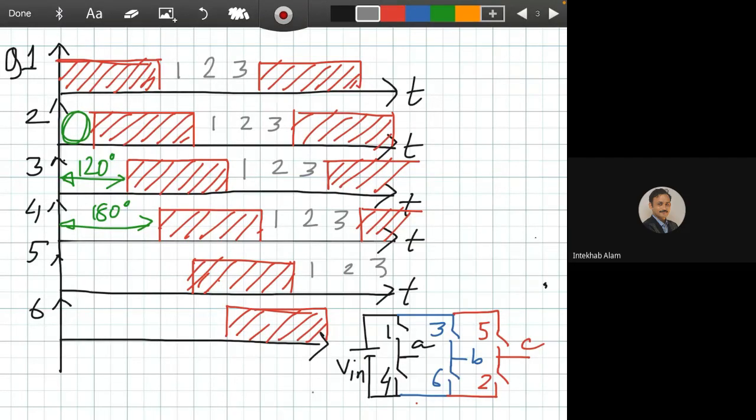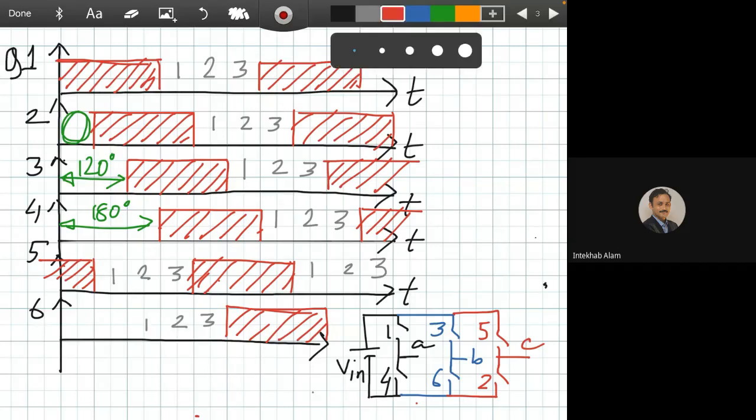If we think like this, 3, 2, 1, there should be a pulse in here, and there should be a pulse in 3, 2, 1.